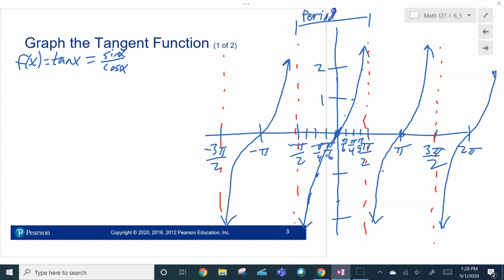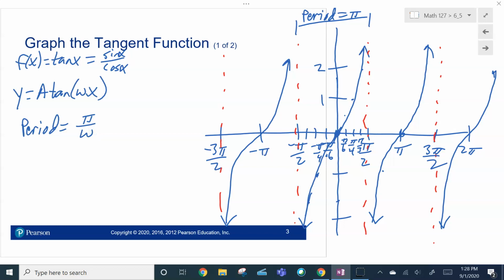Okay. So your period is pi. From negative pi/2 to pi/2 is pi. So when you have a function of the form a tangent omega x, here our omega was 1, but just remember that your period is pi over omega.